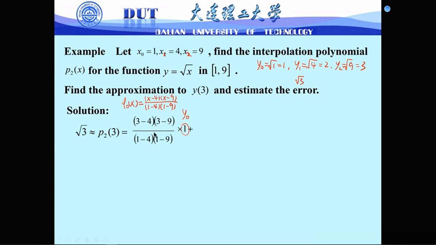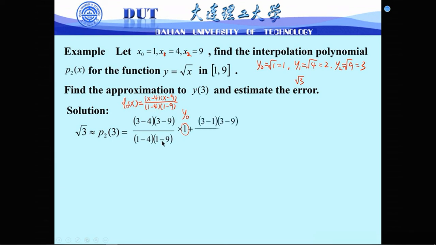Because we need the function value at 3, we substitute x by 3. So we write (3 minus 4)(3 minus 9) divided by (1 minus 4)(1 minus 9) multiply y0, and y0 is 1. This is the first term.